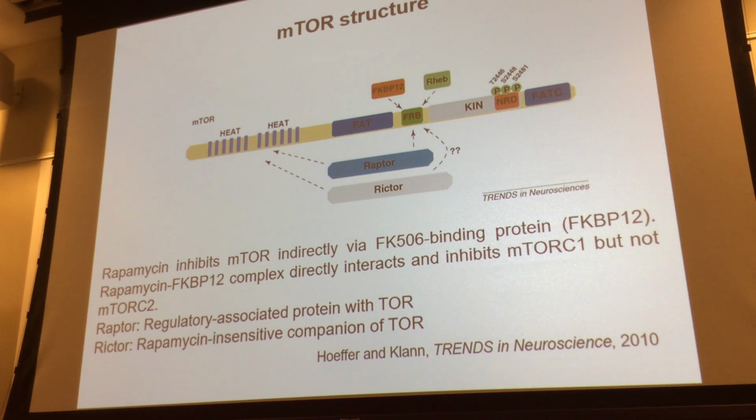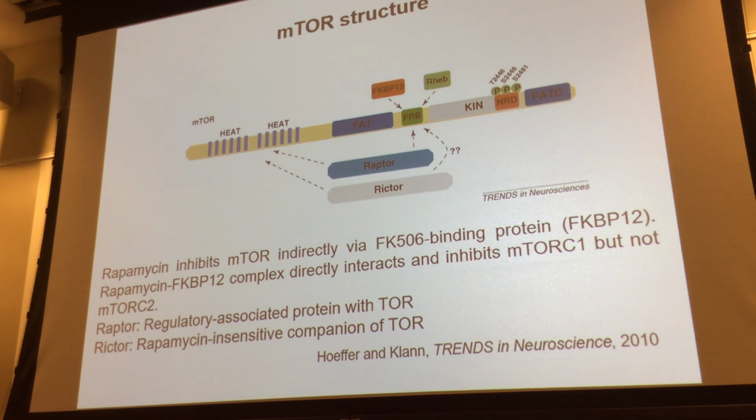I'm sorry, so FKBP12 does not bind to mTORC2 at all? Or does it complex, it just doesn't happen to interact with rapamycin on mTORC2? FKBP12 associates with rapamycin into mTORC1.